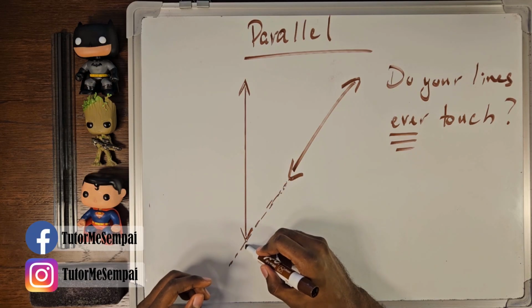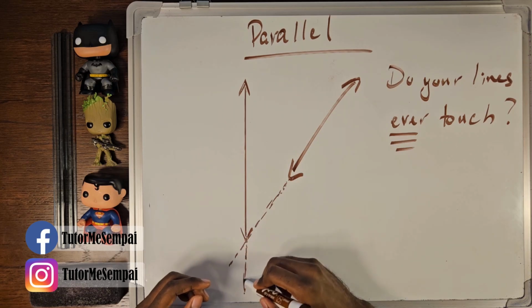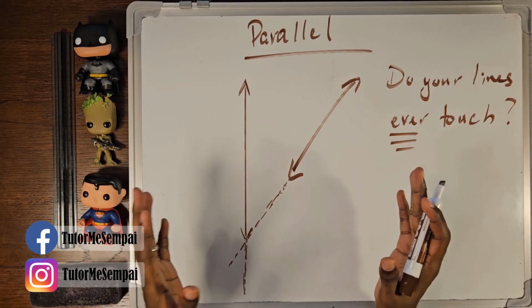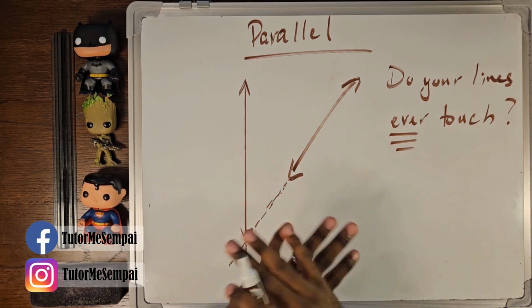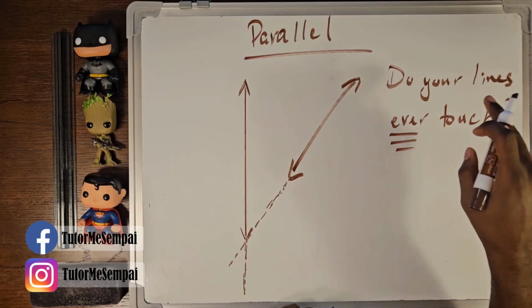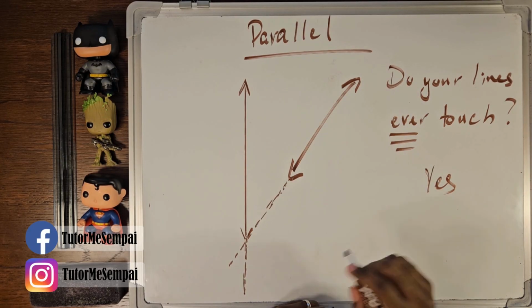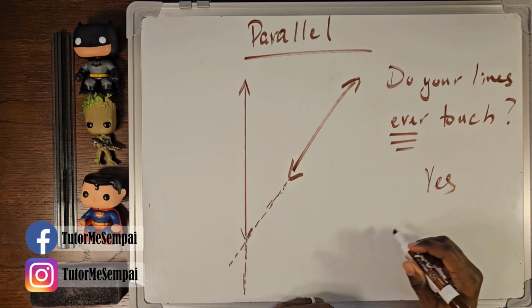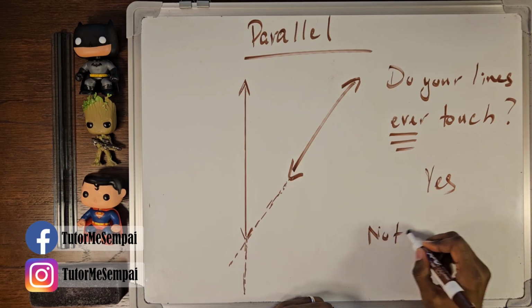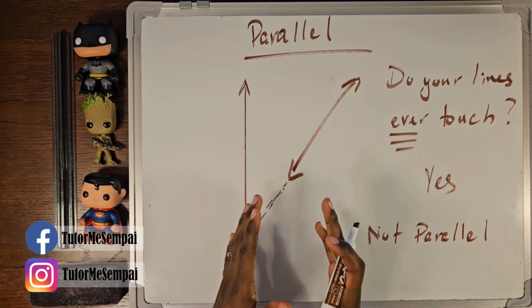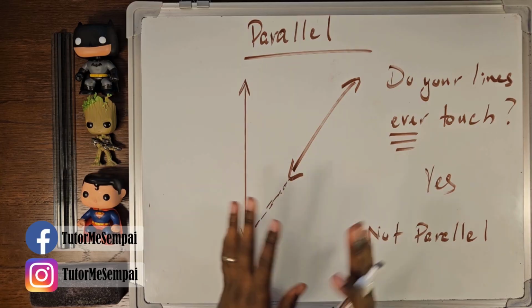And if you continue this, that's how the line is going to go. They will touch eventually. And that means these two are not parallel lines. Do they ever touch? Yes. So we do not have parallel lines. So not parallel. Because they touch, they're not parallel lines.